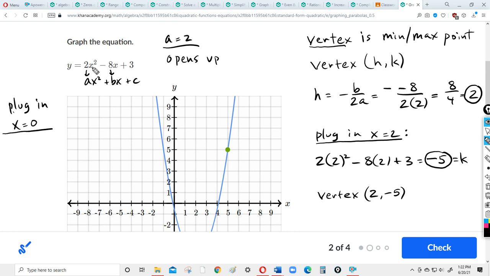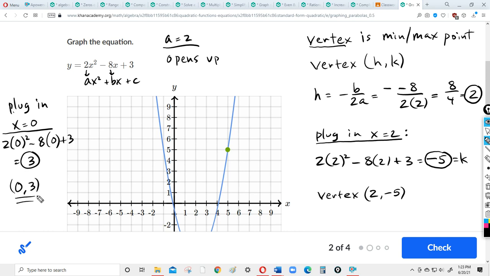That would be 2 times 0 minus 8 times 0 plus 3. I'll write it out just in case you don't see it. 2 times 0 squared minus 8 times 0 plus 3. That's going to be 0 minus 0 plus 3. That's a 3. So at x equals 0, y equals 3.